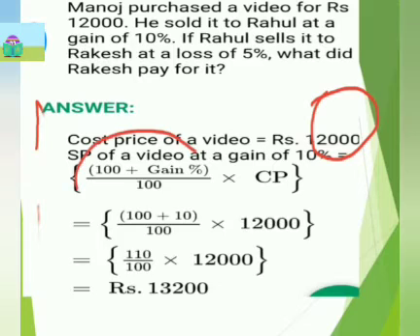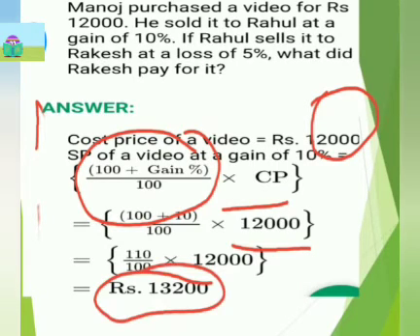So the selling price at a gain of 10% will be 100 plus gain percent upon 100 multiplied by the CP. So 100 plus 10 upon 100 multiplied by this 12,000. When you calculate, you will get 13,200. So that means Manoj has sold this video to Rahul at 13,200.